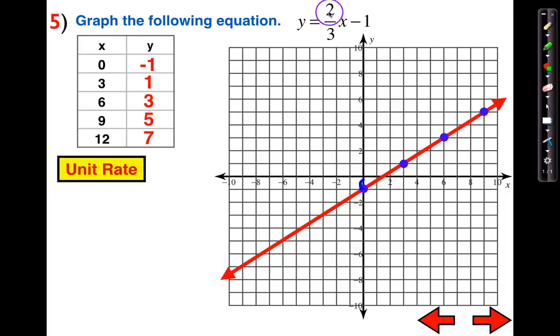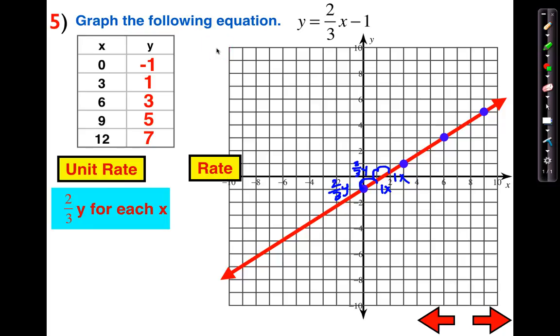In fact, to be precise, it's 2/3 of a y for each one x. So again, it's going up 2/3 y for each 1x. So my unit rate, I would write 2/3 y for each x.